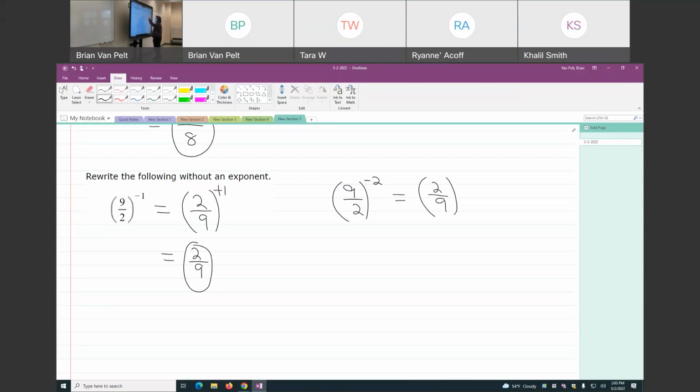Now it's raised to the positive 2. Well, now take everything to the second power. 2 to the second power divided by 9 to the second power. 2 to the second power is 4. 9 to the second power is 81.